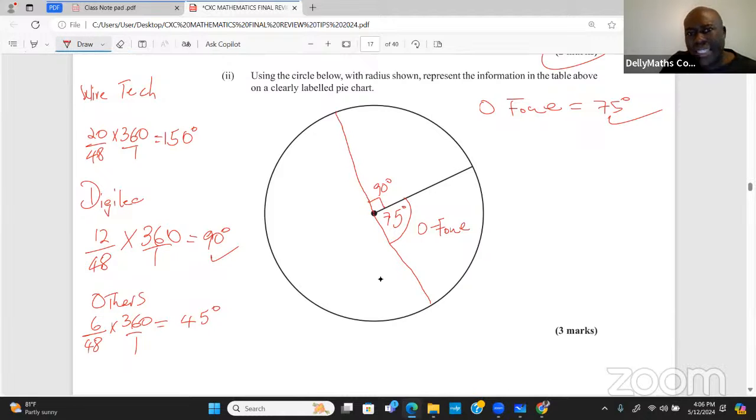So we tick off a 90 there, and that was for Digilec. As I said to you, you use a protractor and measure your degrees, and then you're just going to complete it right there. And then 150 somewhere about here. This is 150 degrees. I could just write it here. And this 150 degrees was for Wiretech right here.